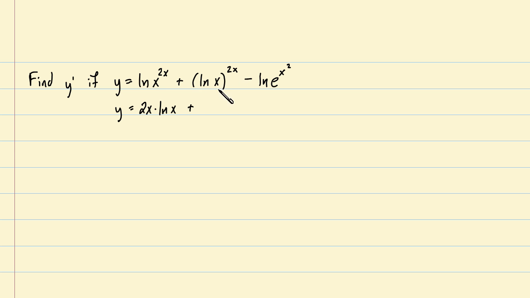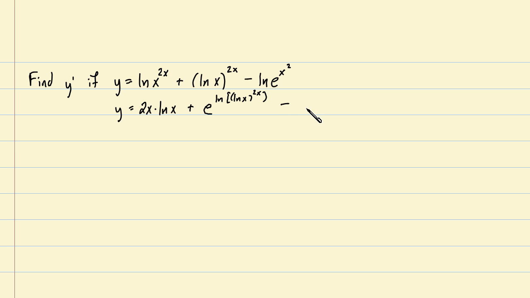Okay, so in this case I'm going to have to insert the log I need. So I'm going to have to rewrite this as e to the natural log of this mess. Okay, so that becomes e to the natural log of x to the 2x. Okay, and then I'll be able to pull that 2x out in front. All right, and we'll do that in the next step here.